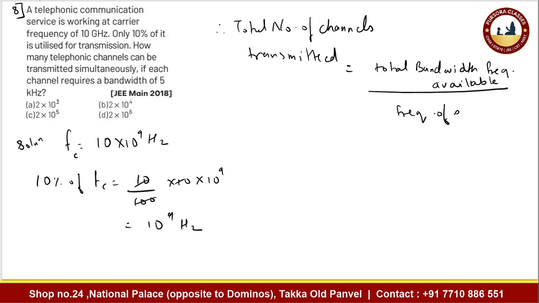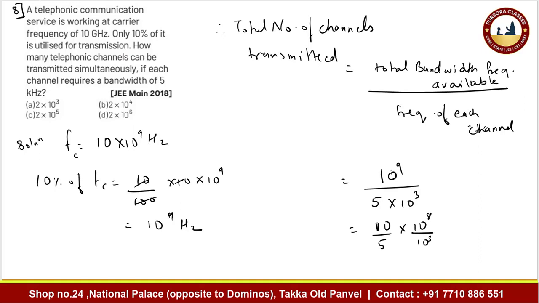The total bandwidth available is 10 raised to 9 and the frequency of each channel is 5 kilohertz, so 5 into 10 raised to 3. So we can write it as 10 upon 5 into 10 to the power 8 upon 10 to the power 3. So 10 upon 5 is 2 into 10 to the power 5. That many channels can be transmitted.